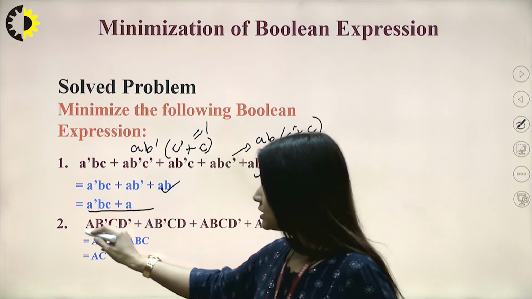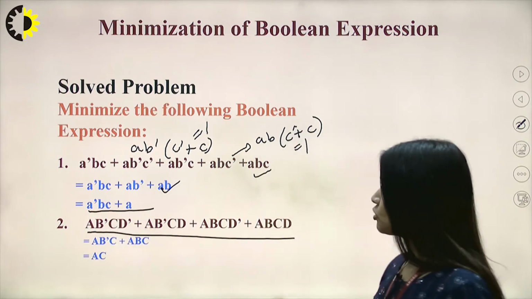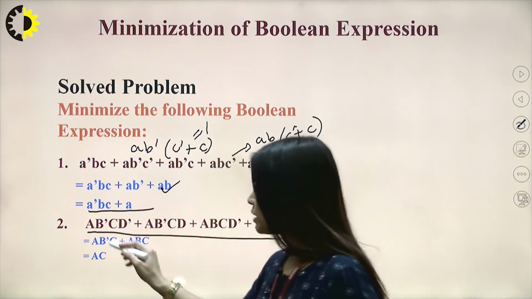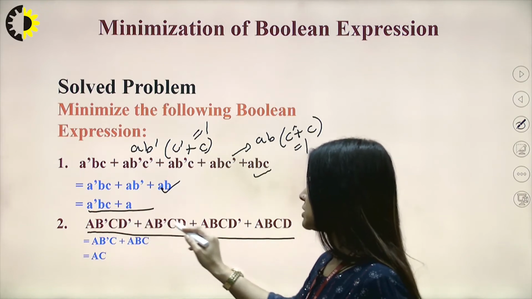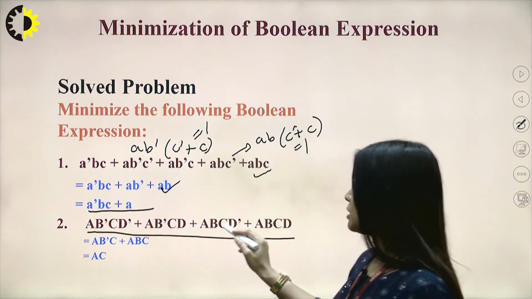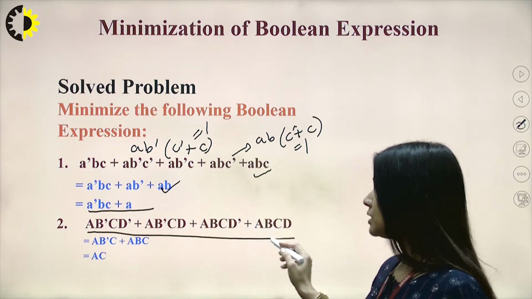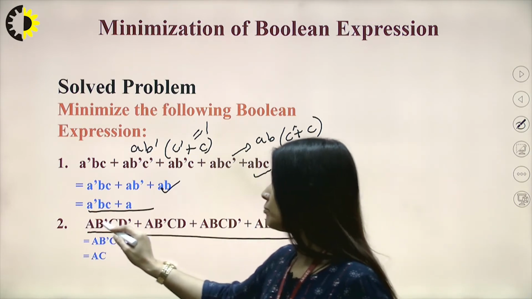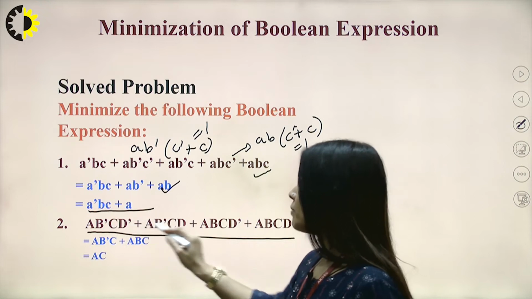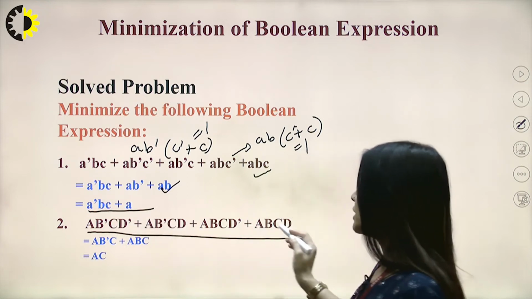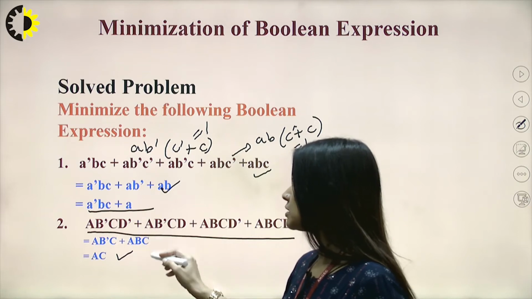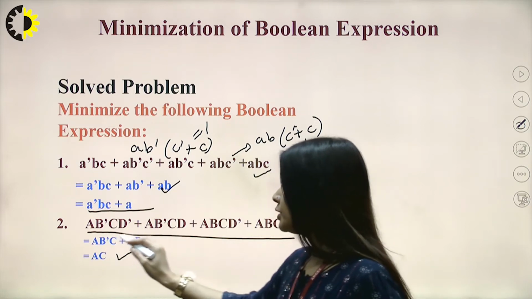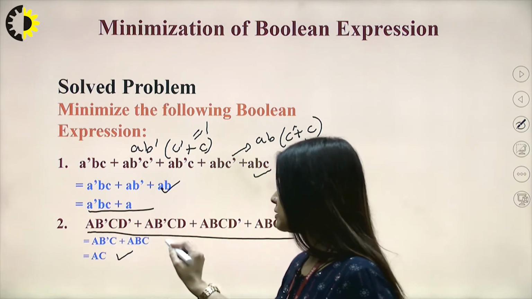Similarly, let us consider this particular example: A B bar C D bar plus A B bar C D and A B C D bar plus A B C D. So we have A B bar C as common, D bar plus D is 1, and similarly D bar plus D is equal to 1, and here we can take A C as common.